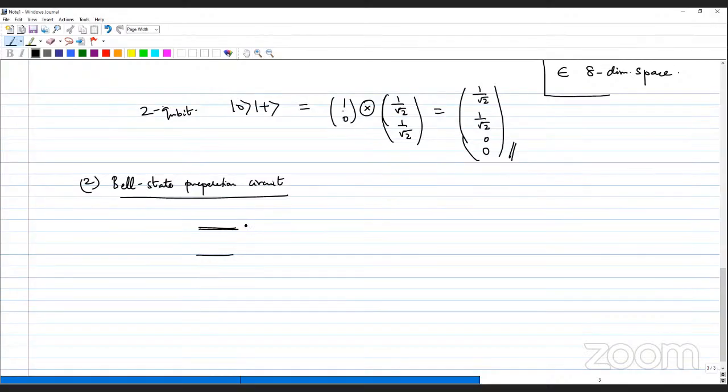This is a 2-qubit circuit, where you start off with a Hadamard, and then you apply a CNOT between the first and the second registers. Now, my input state is 0 0. What is the output state? I guess this was an example worked out in the lectures. Let me work out a slightly different example, the 0 1 input. So what is the output state now?